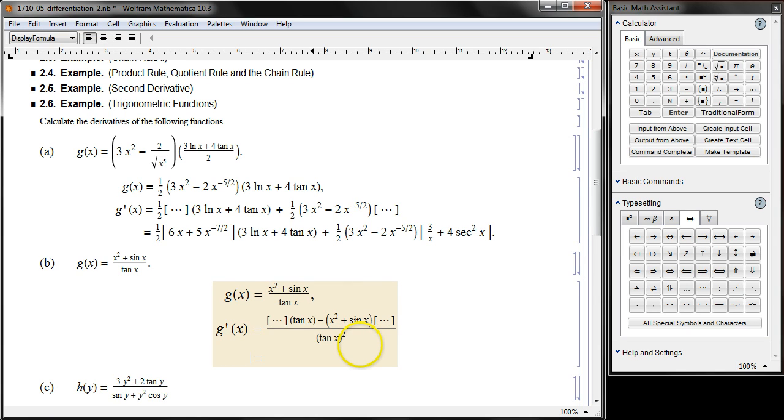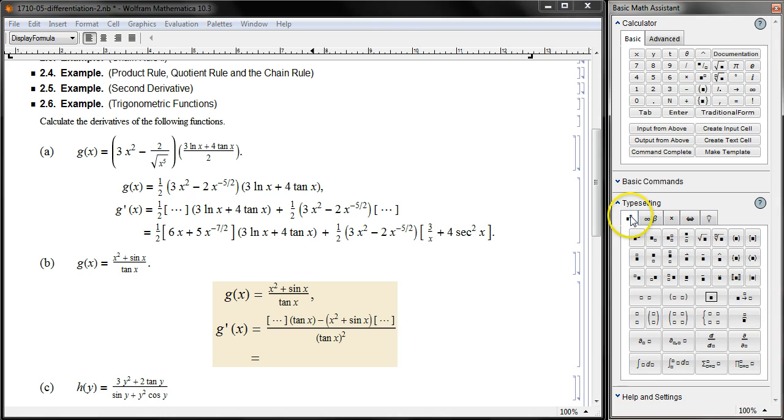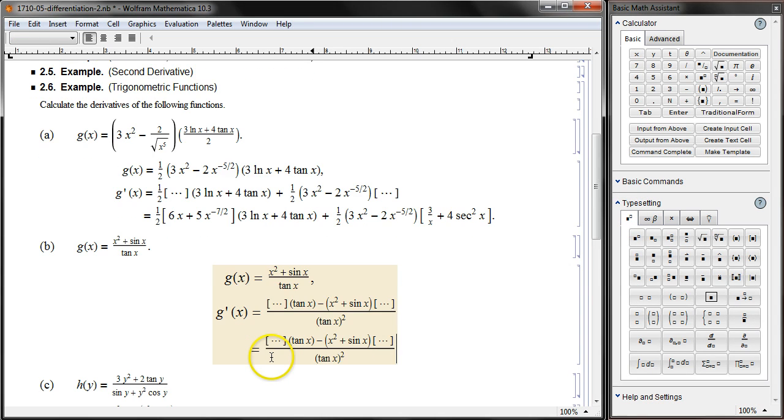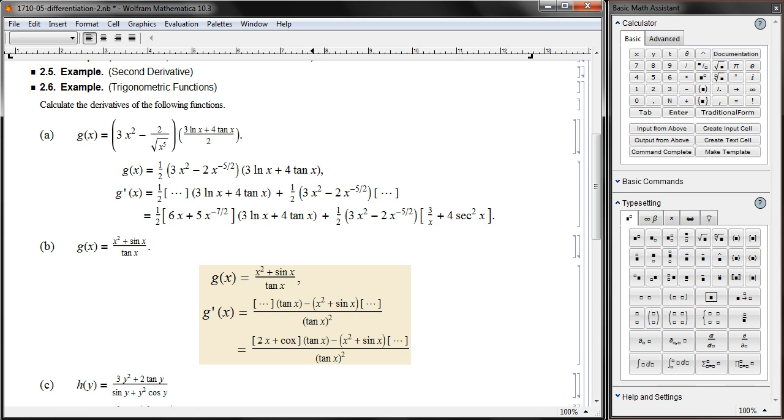And let's finish the problem like this. What is the derivative of the numerator here? 2x plus, what's the derivative of sine? That completes the derivative of the numerator. Here comes the derivative of the denominator, derivative of tangent.